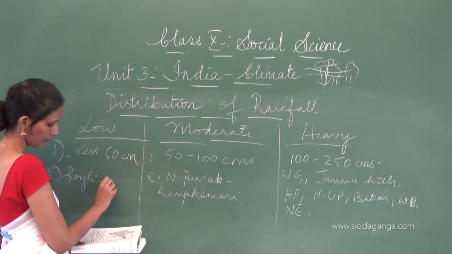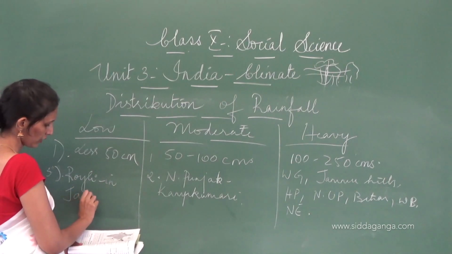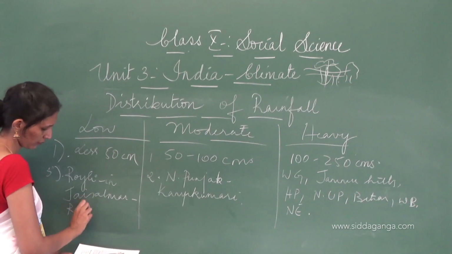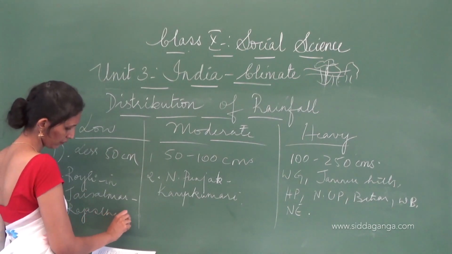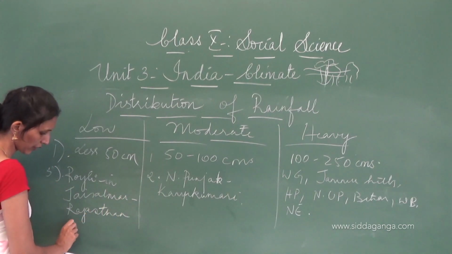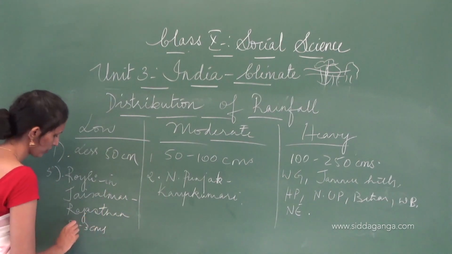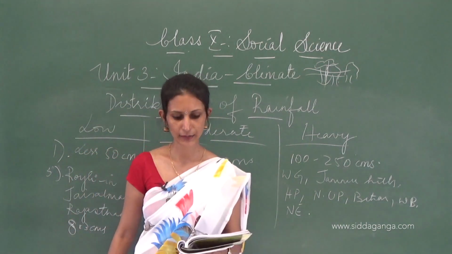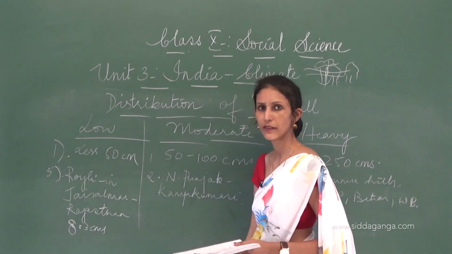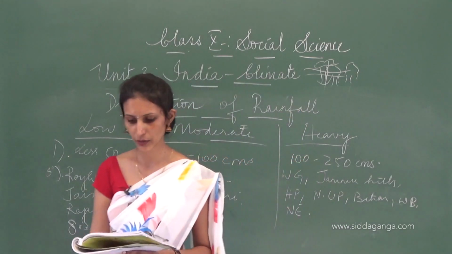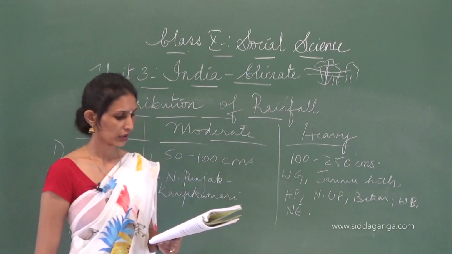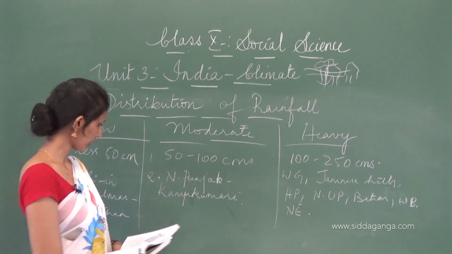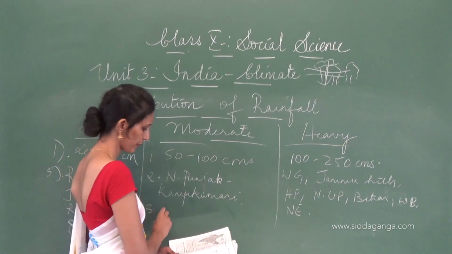Roili in Jaisalmer of Rajasthan receives the least amount of rainfall, that is 8.3 centimeters, and this is the driest place here in India, Roili of Rajasthan. Now this point is not related to the second point, write it as a separate point, but remember it.